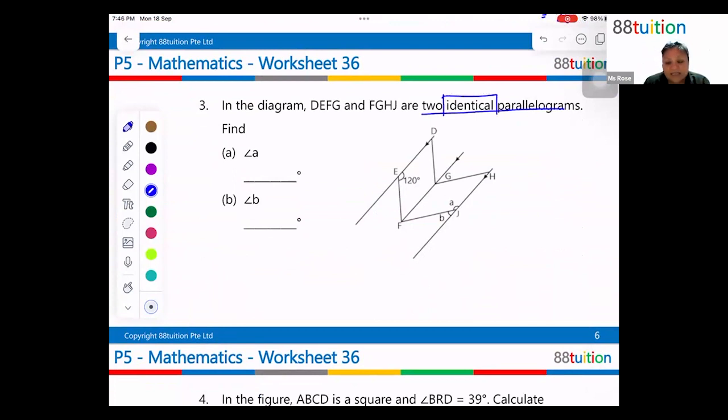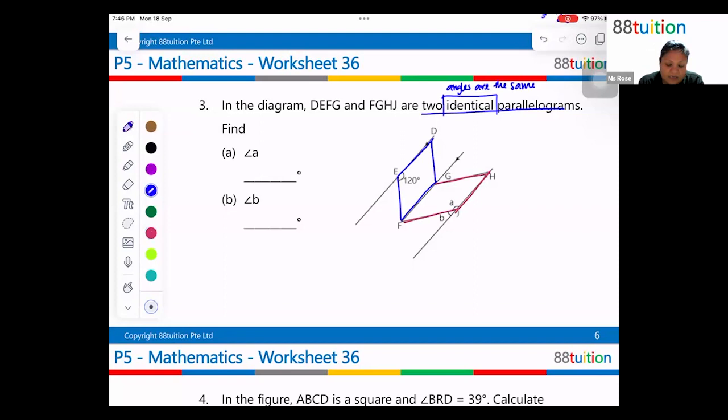That means all the angles are the same. So you have D, E, F, G. This is one of your parallelograms. This is the other parallelogram.